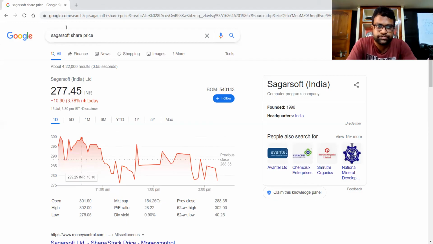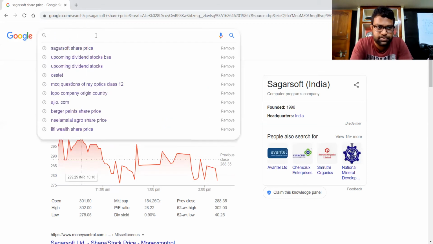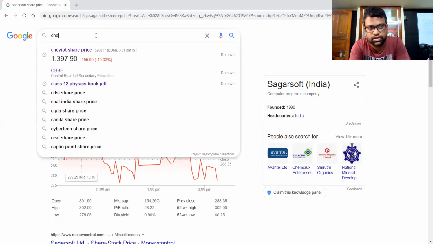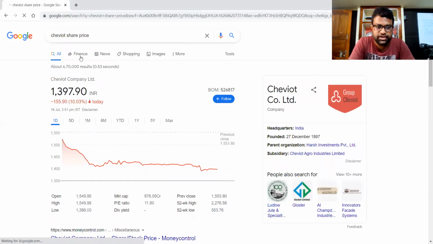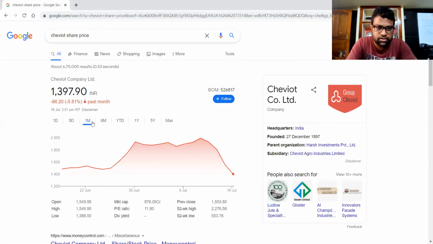So no issue. Now I'll show you Cheviot. What happened to Cheviot? Some people are not able to come out of it. See, 10% down. Greed is a very important thing, right? You shouldn't become so greedy. I'm showing you the 1 month chart.